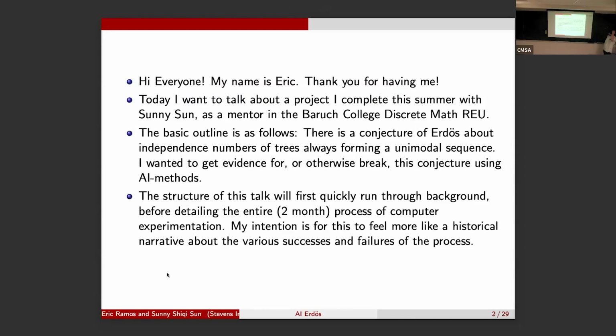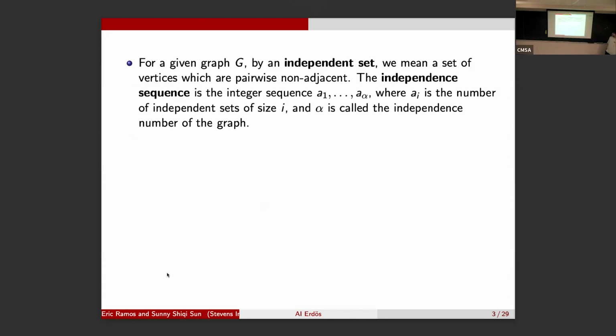My intention is for this to feel more like a historical narrative about the successes and failures of the process, rather than something really pristine where here are all the great results. It's more: here is me trying something and failing, and then picking myself up and trying again until, wow, it worked. All right, so let's get into background.